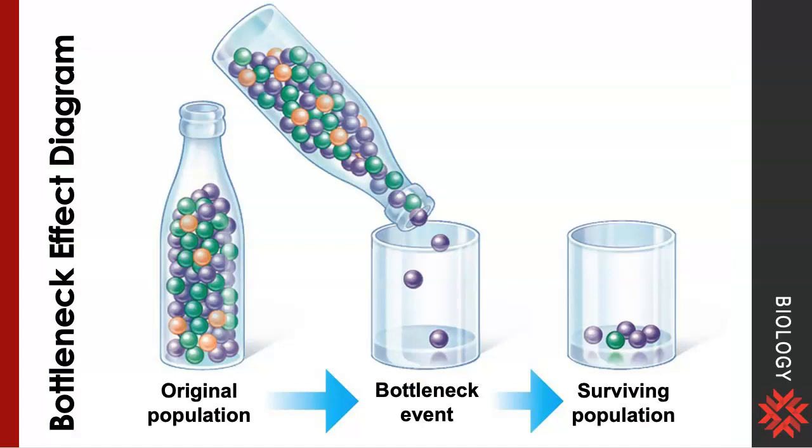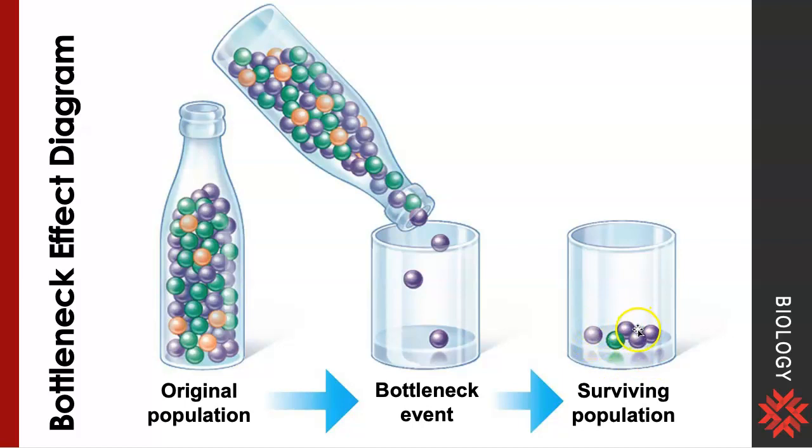An analogy to this is if you take marbles in a bottle, and these marbles represent the original population, the different frequencies of purple and green and orange are going to represent your different allele frequencies. You dump a few of these marbles out, this is your surviving population after the bottleneck event, and you can see here your gene pool is very different.